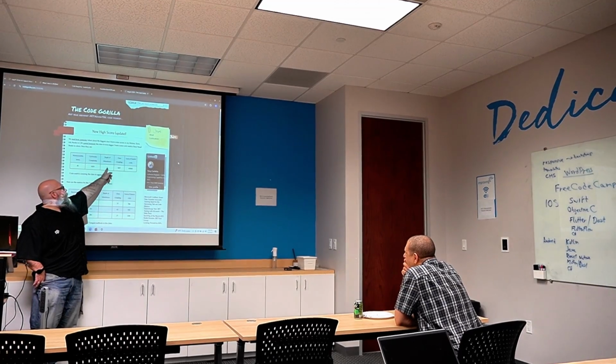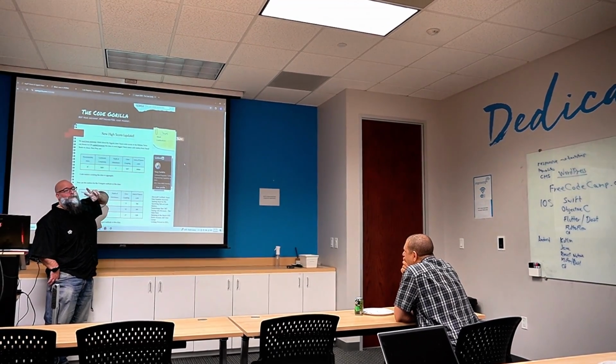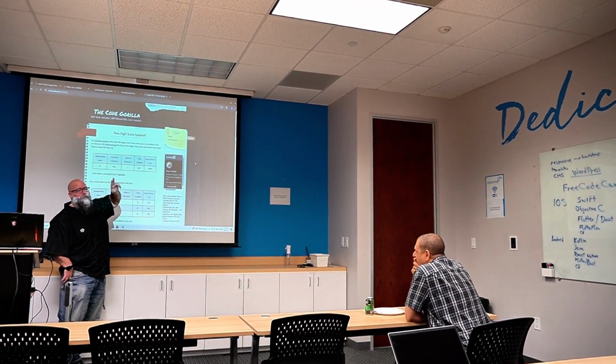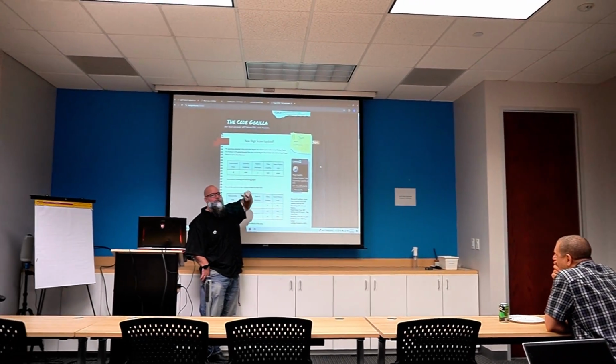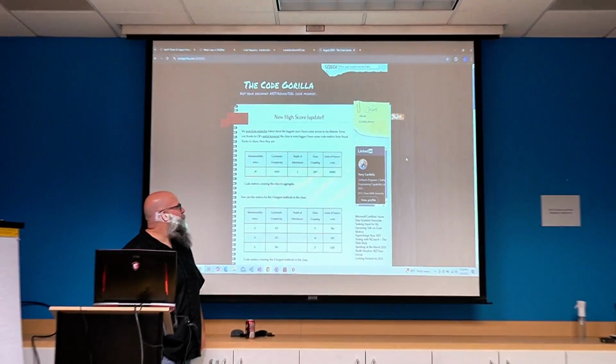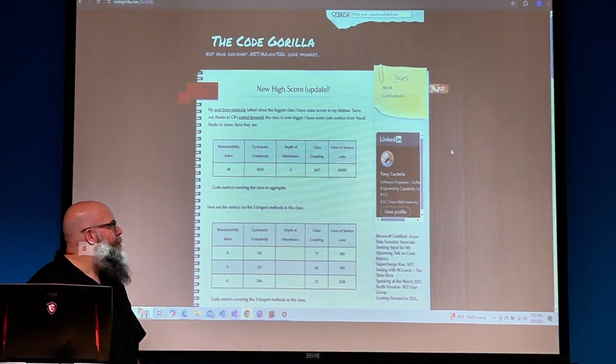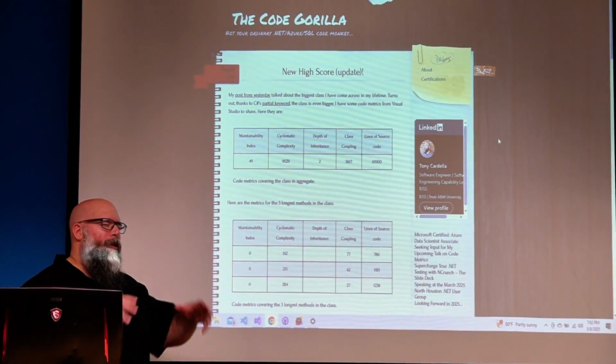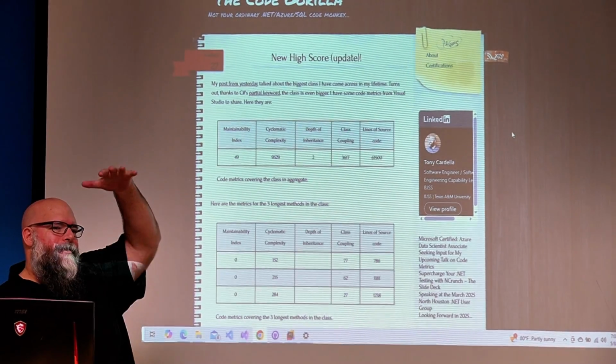Well, this one, depth of inheritance on this particular class is 2. So object, and then another base class in between. So this one's very broad. It's not very deep.